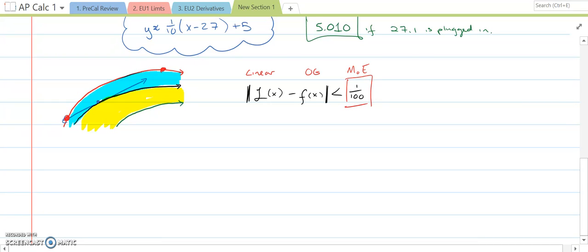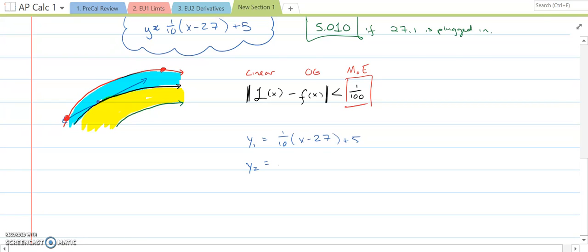So trying to use this function as an estimator, I can't actually do that by hand. I have to use a calculator for it, and that's completely okay. Here's what I would actually plug into my calculator. I would plug in the y value the first time is just my linear approximation. I'm also going to plug in the original function.